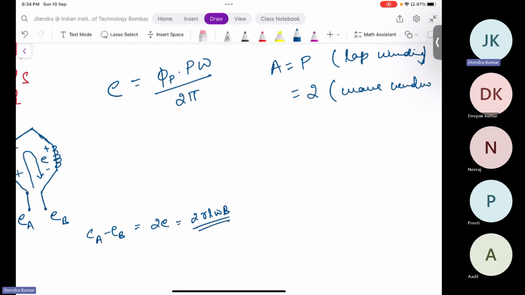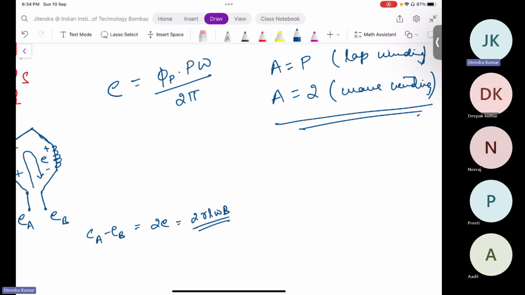Have you heard of this term? Yes, sir. Okay, so if you have heard, it is fine. You might be understanding the reason behind it. If you do not understand it now, we will clarify it when we solve the problems based on this topic.